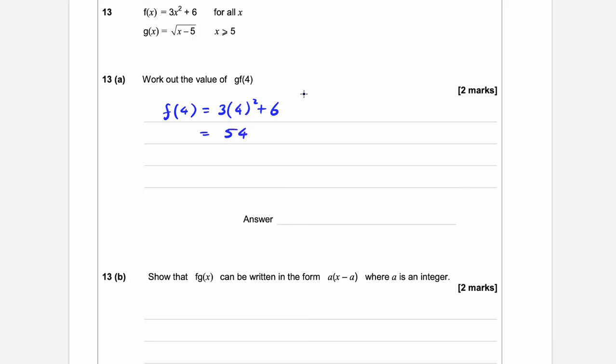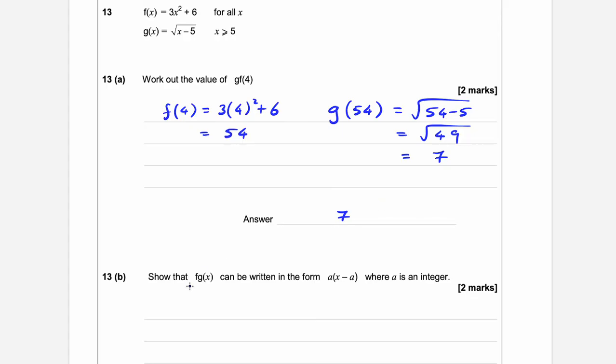Fine, and then I get g of 54. So I put my answer into g, which is the square root of 54 minus 5, which is equal to the square root of 49. Square root of 49 is 7. So my answer is 7.